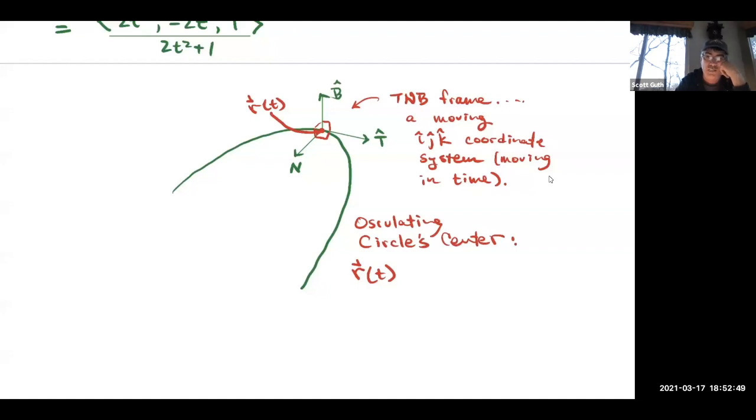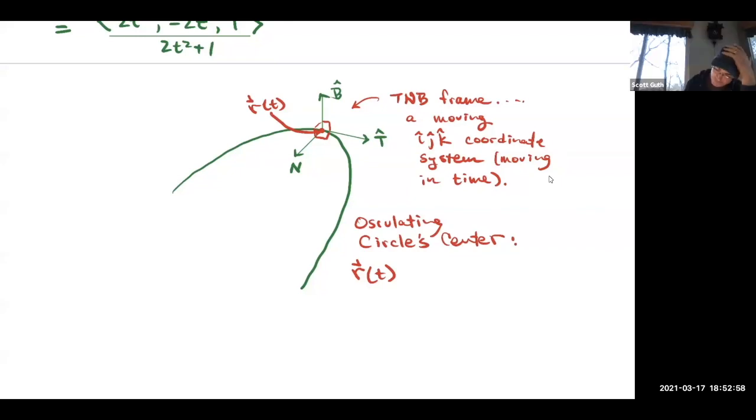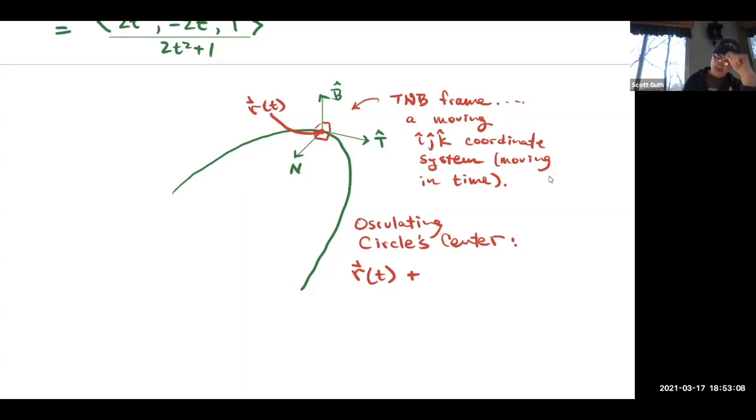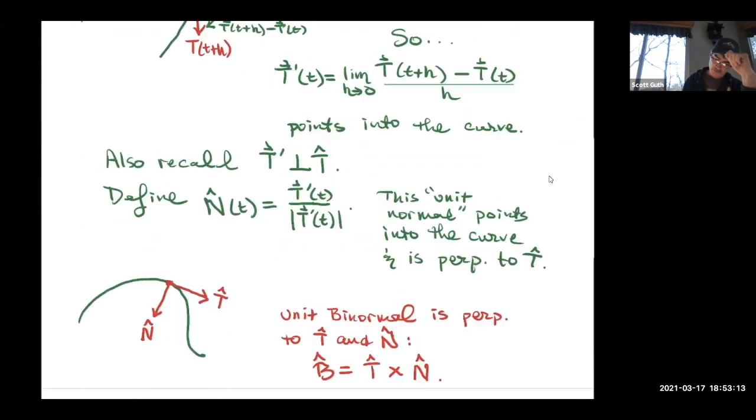For the center of the osculating circle, should I go in the direction of T, N, or B? N. So how far? Does anybody remember the radius of the osculating circle? I think it's up here.